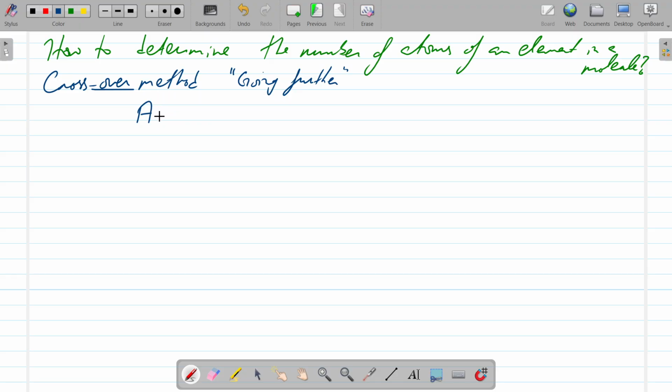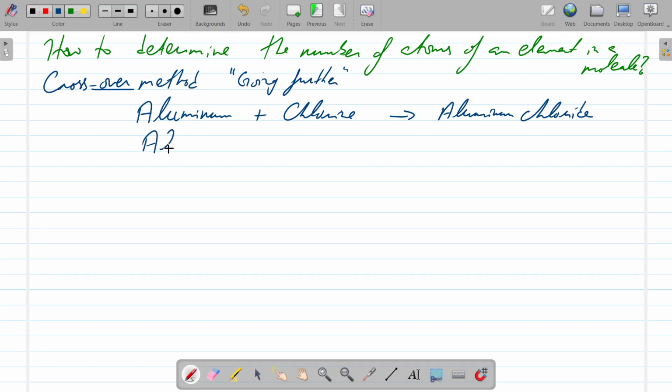So for example, you've got aluminum reacting with chlorine to form aluminum chloride. You've got aluminum here, and metallic aluminum doesn't have anything going on for it.